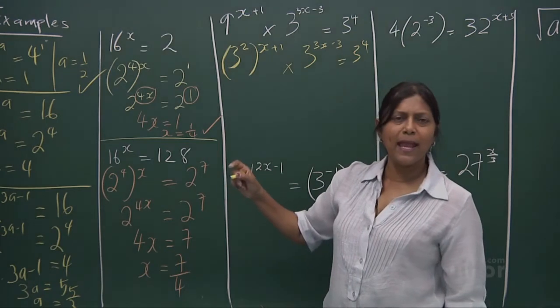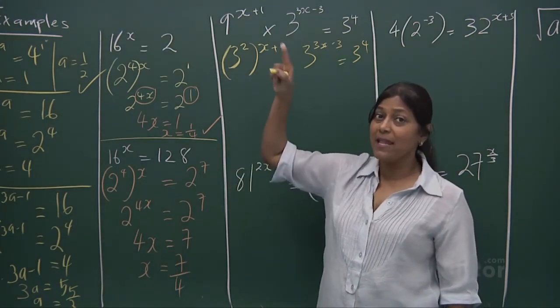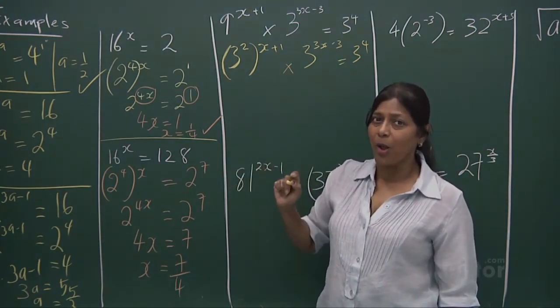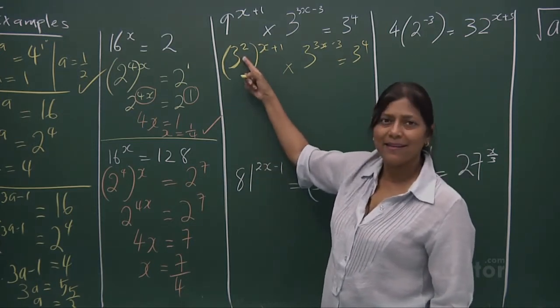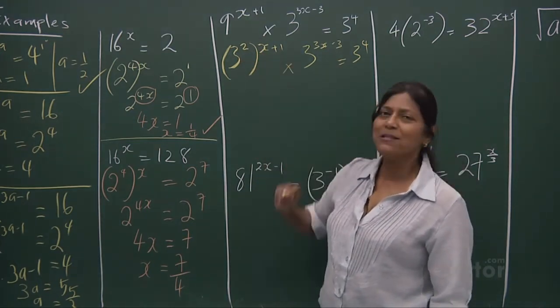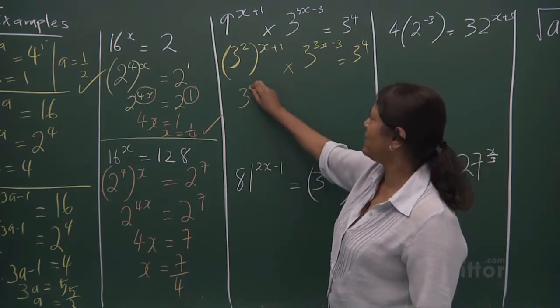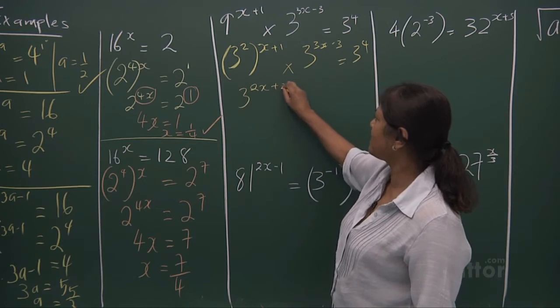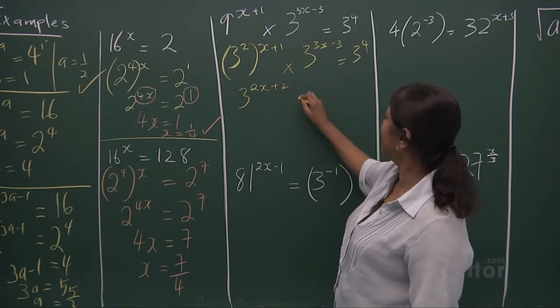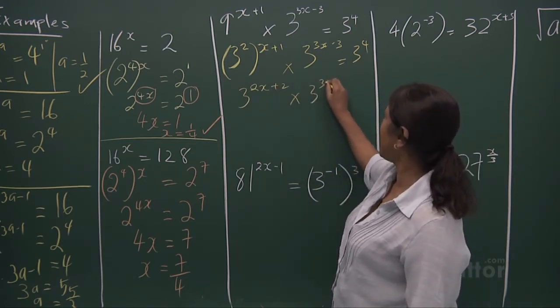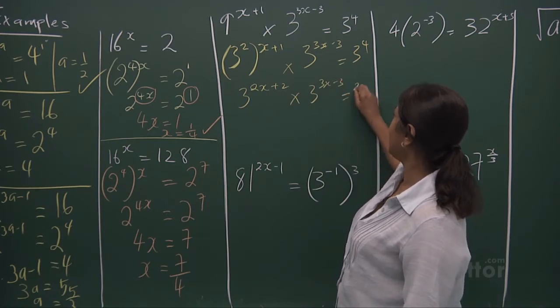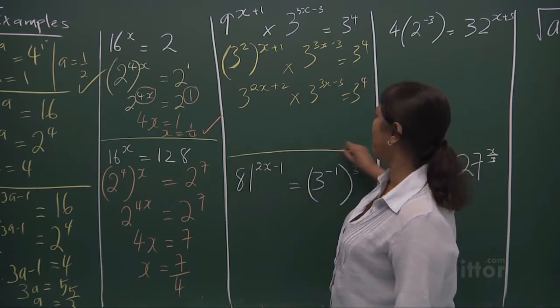Remember the law, a^m to the power n, the power law. You can apply it. Every number here, multiply by 2. What do you get? You get 3 to the power of 2x plus 2. Yes. And here times 3 to the power of 3x minus 3 equals 3 to the power of 4.